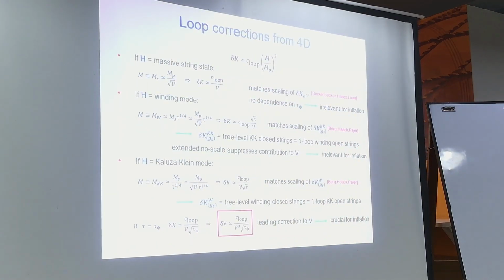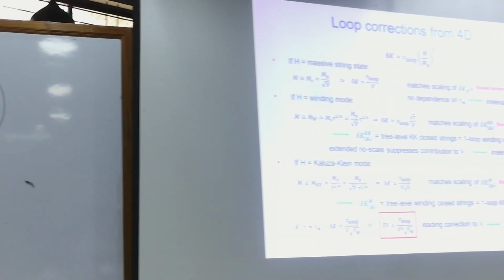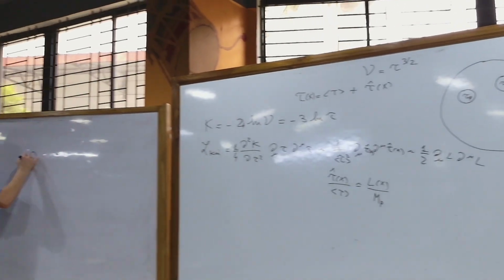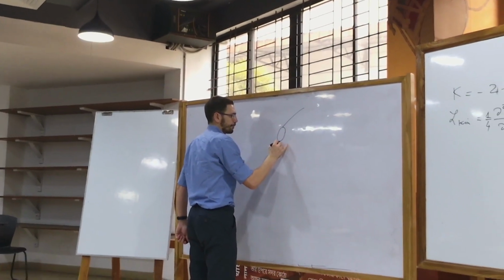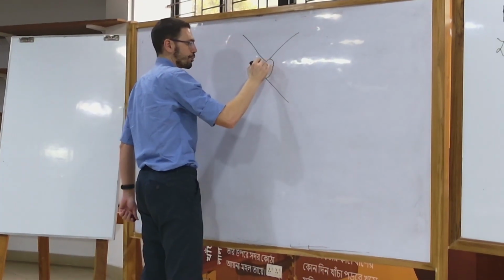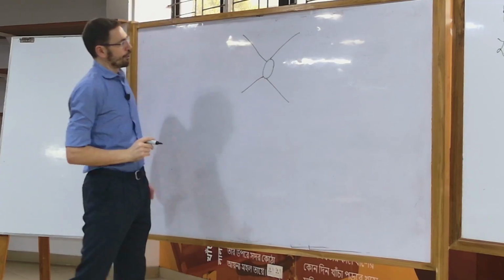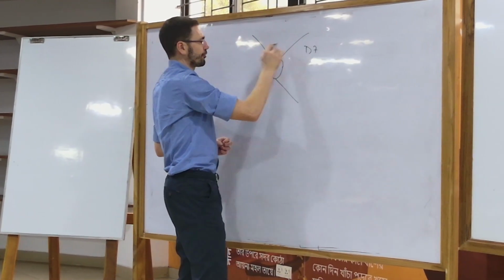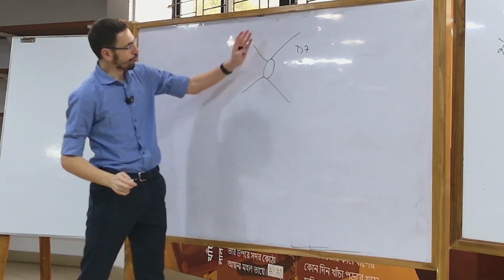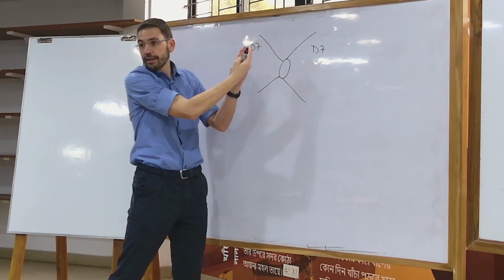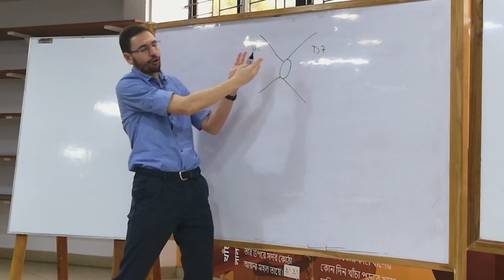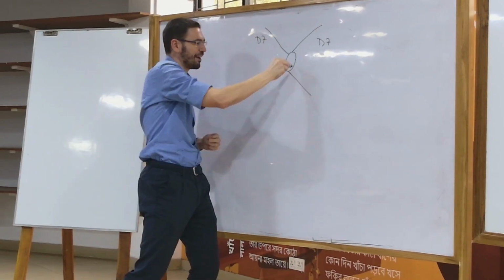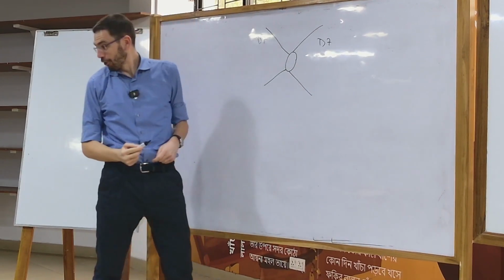This may sound a bit too abstract, so let me try with a picture just to give you an idea. You had these two D7 branes, let's say, intersecting over, in this case, a 2-cycle. I cannot draw it, but I can draw just one cycle.